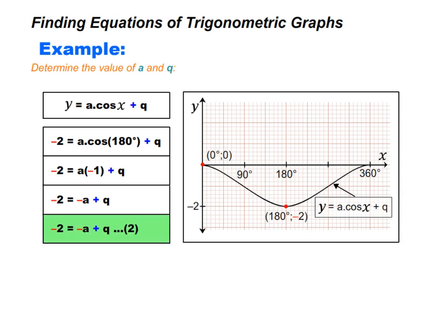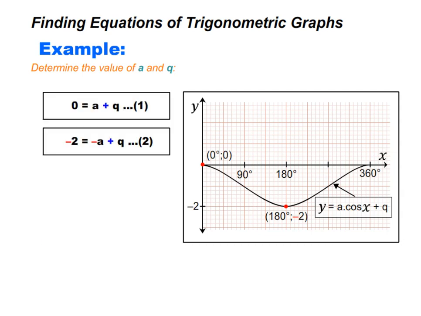Let us write equation 2 under equation 1. Look at the two equations. This is equation 1 and this is equation 2. We have two unknowns. A and q are unknowns. So let us solve simultaneously for a and q.